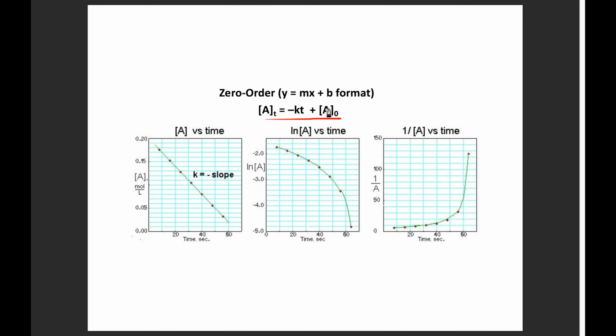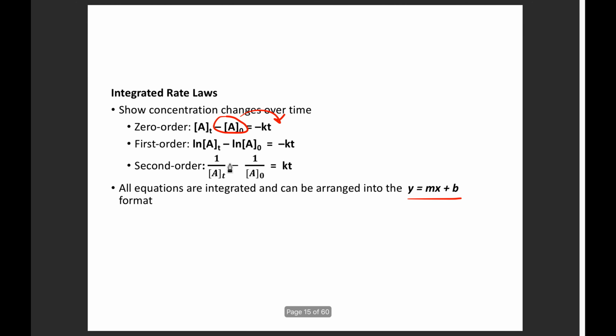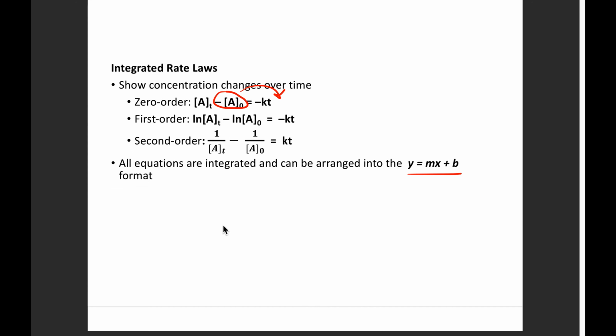Here's your y, and k is your m, your slope. Then you have the initial concentration, your starting concentration, for example 0.20 over here, which is your y-intercept, your b. You can do that with all three of these to get to y equals mx plus b format.